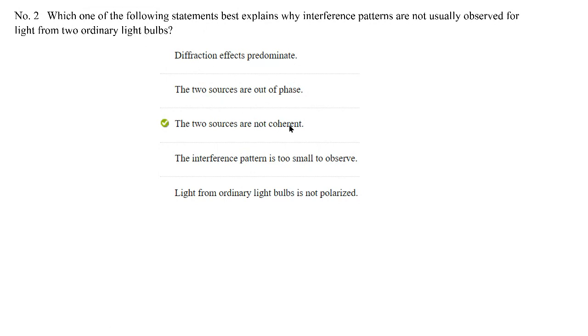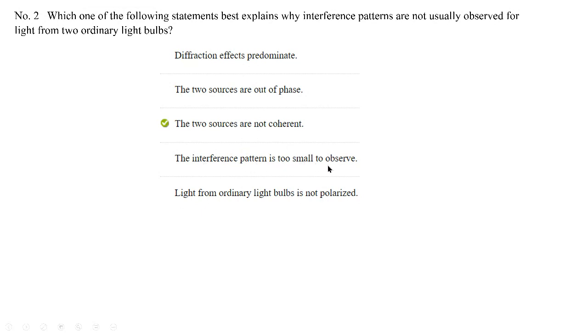Now that is very true, because the light that comes from the desktop lamp is due to the buzzing around of the wire, the heat coming off, and it gives off light. Whereas the LED light up there in the ceiling is not coherent. It's not in sync with the desktop. Therefore, this is the statement that is best explained.